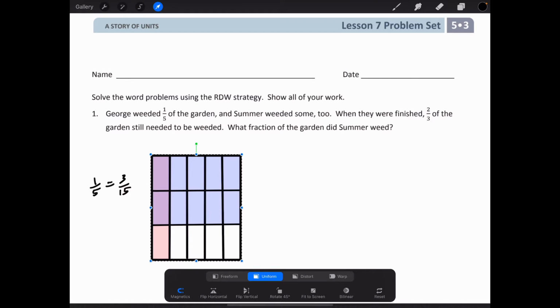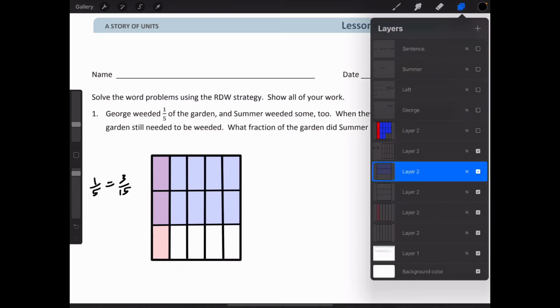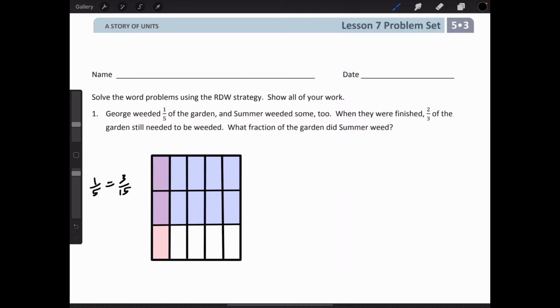Well, if we counted them all, and if that red portion's throwing you off, let's get rid of that so you can see the 2/3 clearly. And we have a total of 10 15ths, right? So here we can see that 2/3 equals 10 15ths.